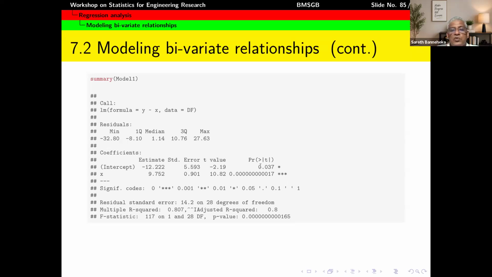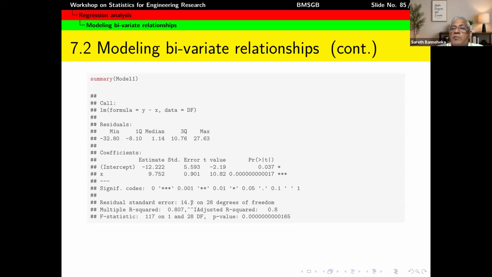We look at the p-values. This p-value is less than 0.05, therefore we decide that the beta naught term is not equal to 0. And this p-value is much smaller than 0.05, therefore we decide that the beta 1 term is also not 0 in the straight line model.